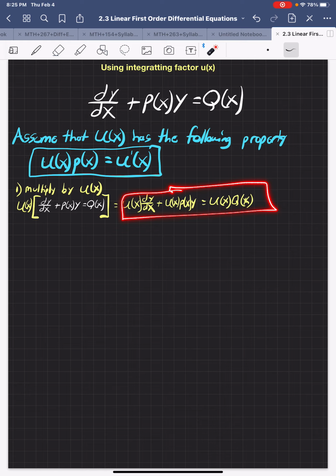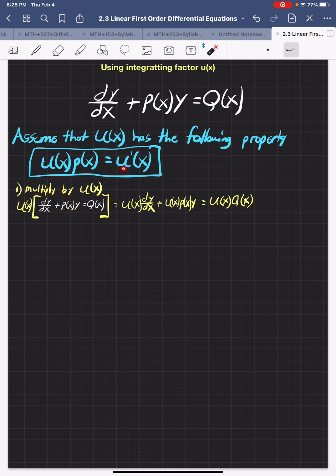Okay, and so take a look at this part right here. We have u of x times p of x times y, right? We started off with p of x times y, but we distributed a u of x, and now we have u of x times p of x times y.